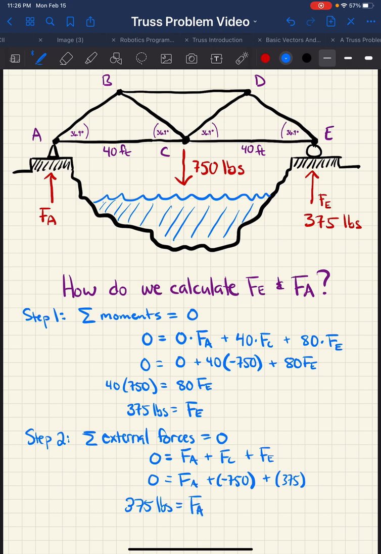So FA is 375 pounds. And that should make sense. We have a symmetric truss with the load right in the middle of the truss. So we should have symmetry here.